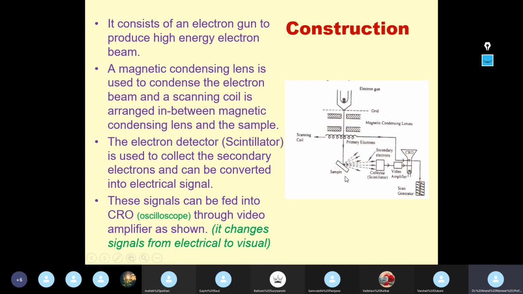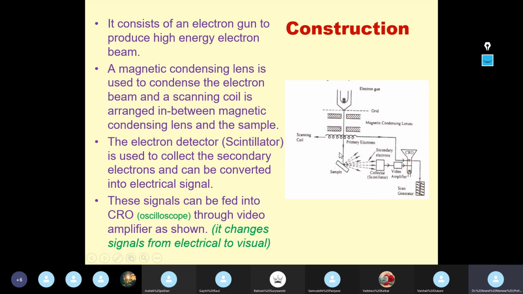As far as construction is concerned, it consists of an electron gun for producing a high energy electron beam. Then there are condensing lenses. Magnetic condensing lenses are used to condense the electron beam. In addition, you will find a scanning coil in between the magnetic condensing lens and the sample.